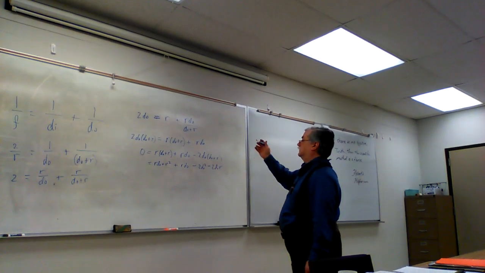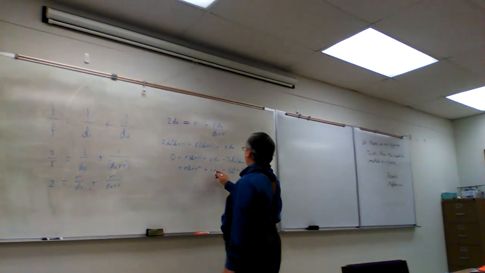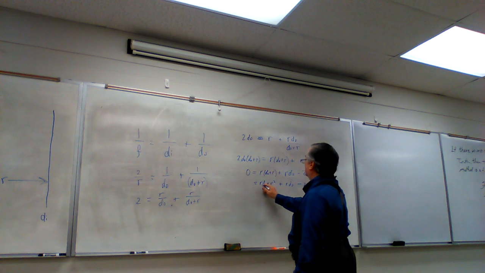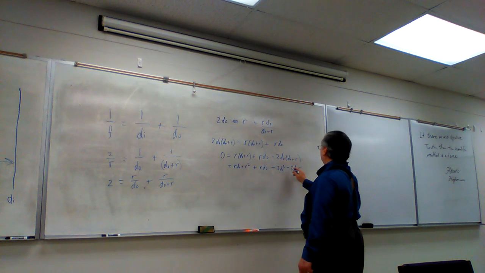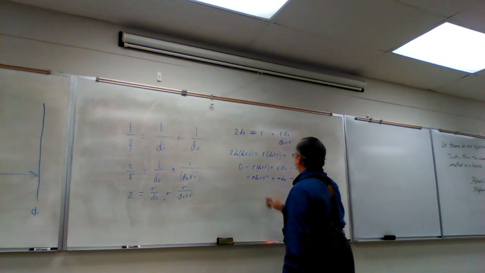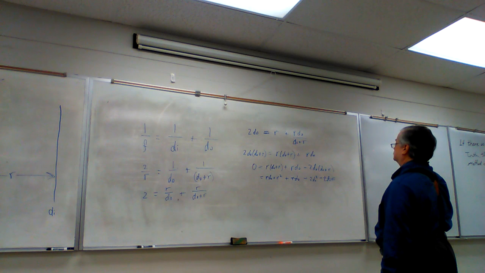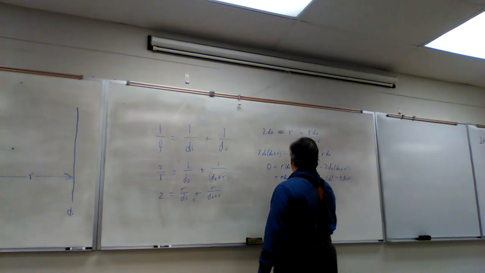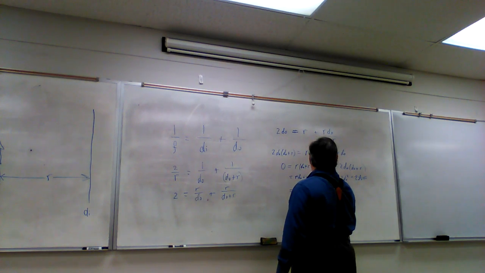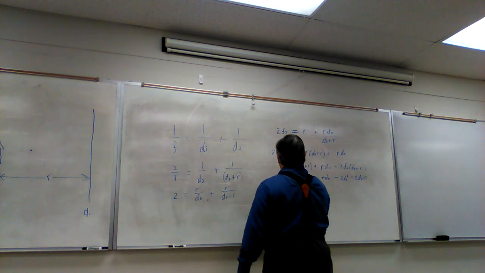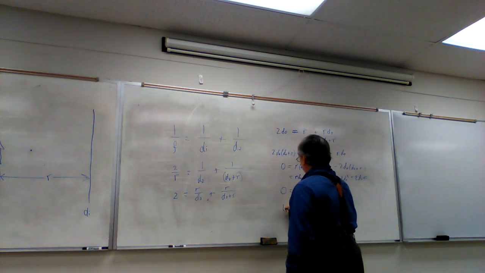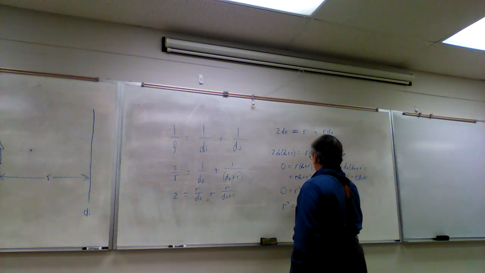All right, now let's start canceling some of these out. We've got plus r d sub O here, plus r d sub O here, which is 2 r d sub O, which we subtract out here, so we get rid of those. And we end up with r squared minus 2 d sub O squared is equal to 0, or r squared equals 2 d sub O squared.